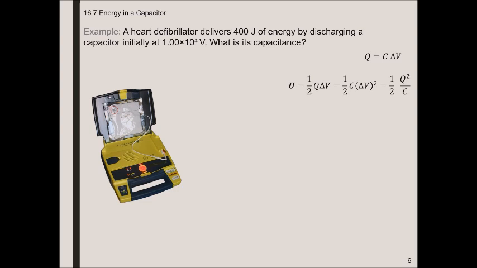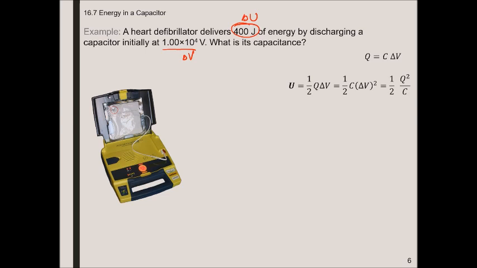So here we know the heart defibrillator delivers 400 joules of energy to the electrodes by discharging a capacitor initially at 10,000 volts. So we're given the amount of energy. So this is my delta U and the voltage. Now you go ahead and see which equation you want to use and be able to figure out what the capacitance is.